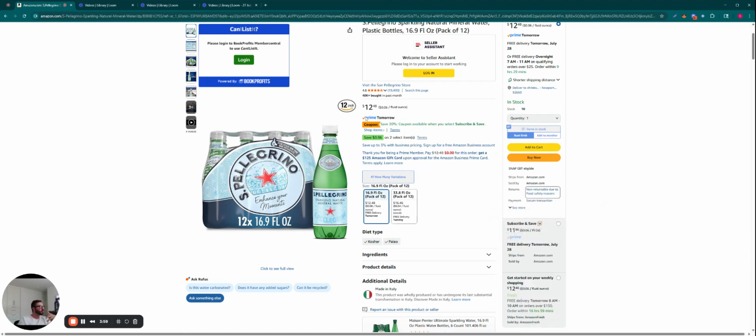This is what the Prime status, this little blue thing, shows us. When you order with Amazon Prime, it's fulfilled by Amazon, so the order is being fulfilled by Amazon's warehouse. The second thing it tells you is it's sold by Amazon.com. Whoever is selling this item, it tells us their store name here.